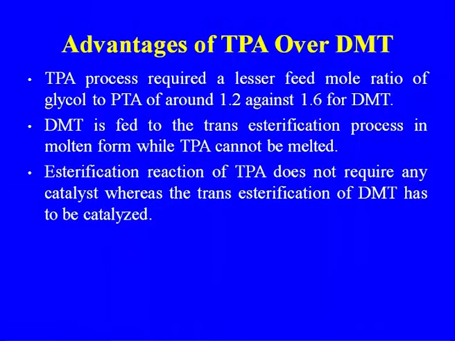PTA is the term we use for purified terephthalic acid. DMT is fed to the trans-esterification process in molten form, while TPA cannot be melted. The esterification reaction of TPA does not require any catalyst, whereas the trans-esterification of DMT has to be catalyzed.